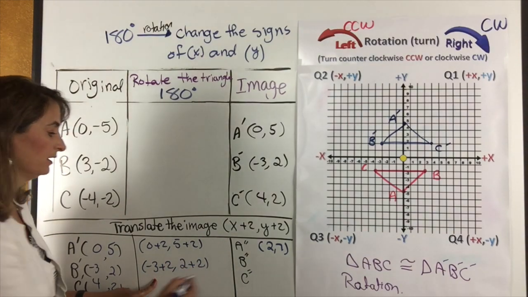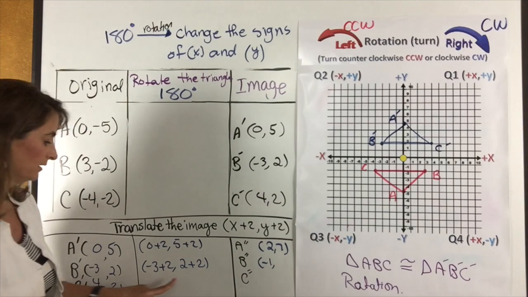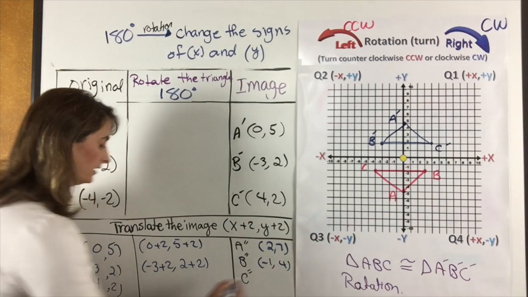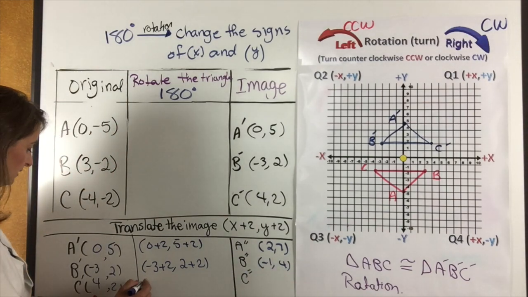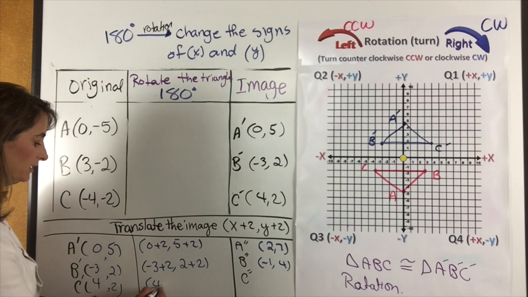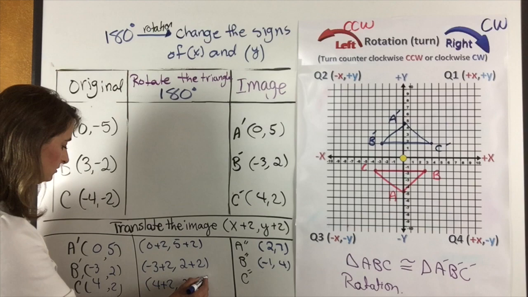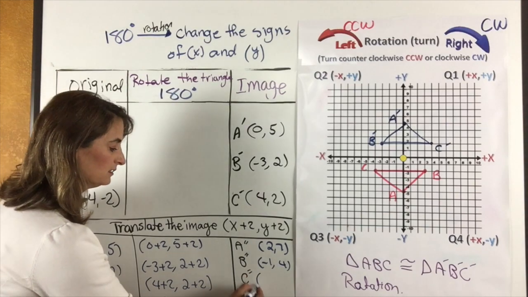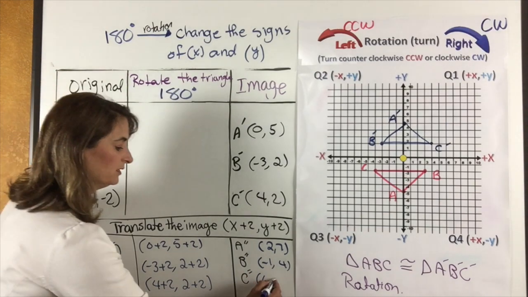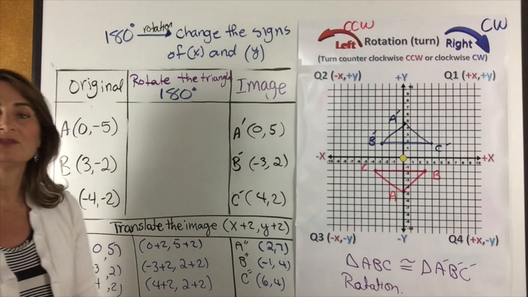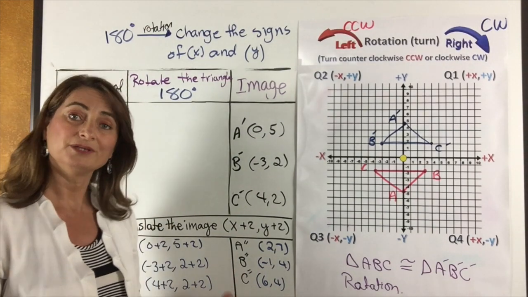You end up with negative 1 and 4. C prime is 4, 2, and now I need to add 2 to each. 4 plus 2 is 6, and 2 plus 2 is 4, and those are the coordinates of the double prime image.